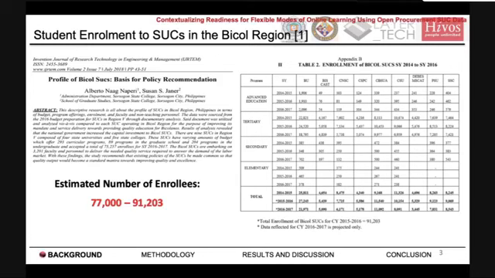In fact, in the study conducted by Naperi and Susan Janner in July of 2018, 77,000 to 91,000 students are estimated to enroll in the 9 SUCs located in various provinces of the region, and this is expected to double due to the implementation of the universal access to quality education, in which, of course, the government pays for their tuition fees.